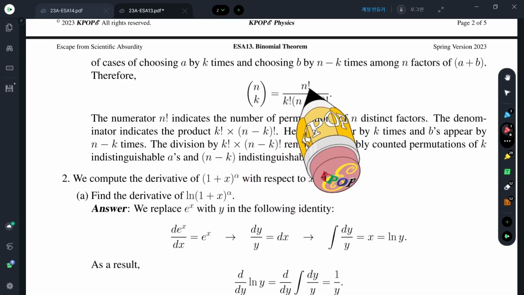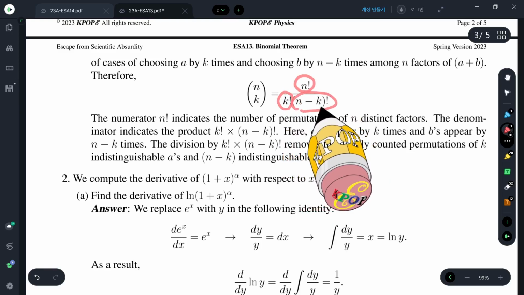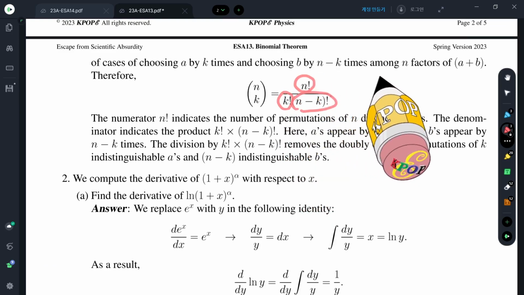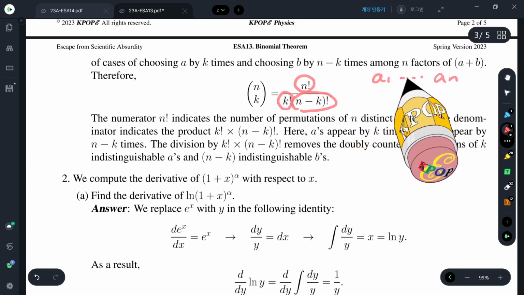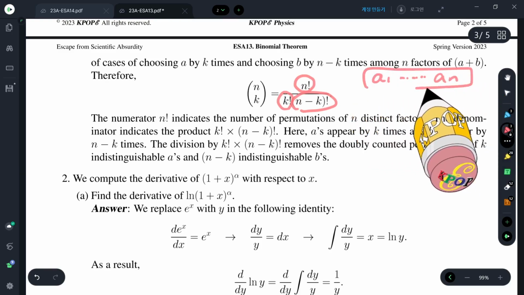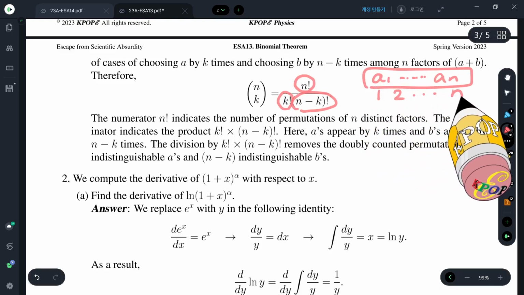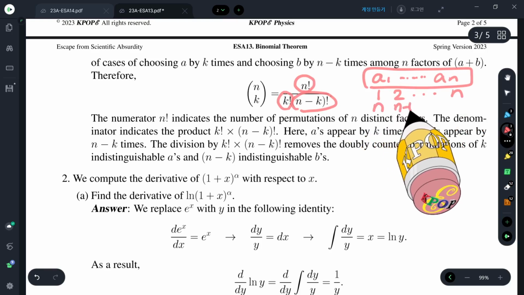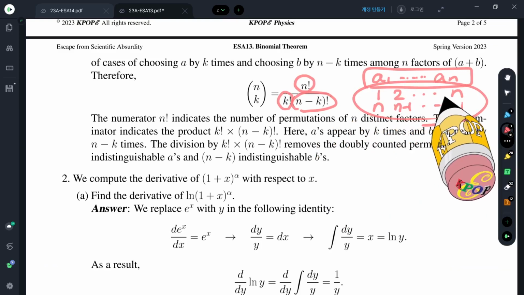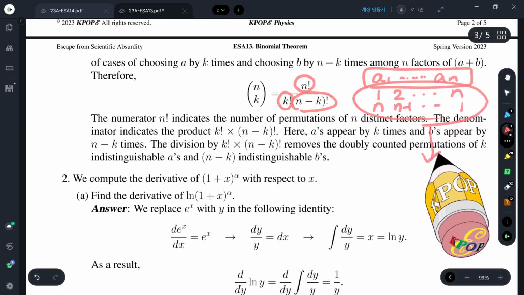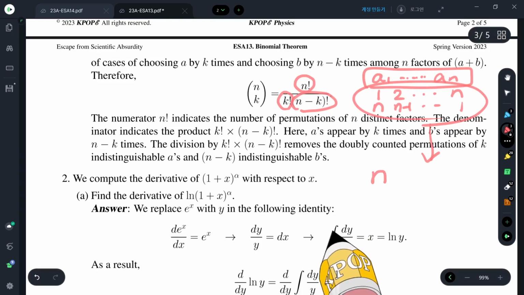So the answer is actually n factorial divided by k factorial divided by (n minus k) factorial. The reason is that I have 1 through n. If they are all distinct, then the number of permutations: listing n distinct numbers in order, first I choose one of them, so I can choose among n elements.